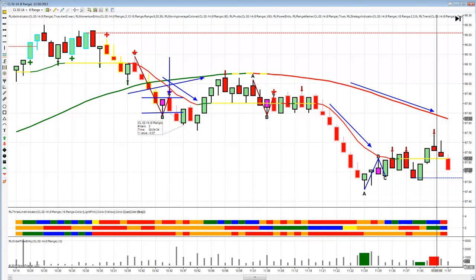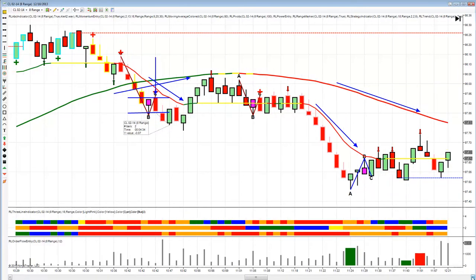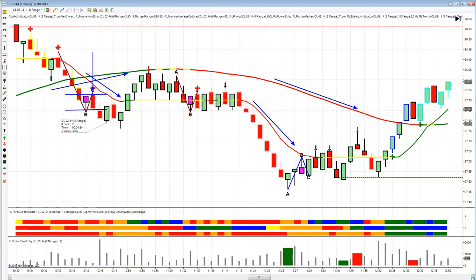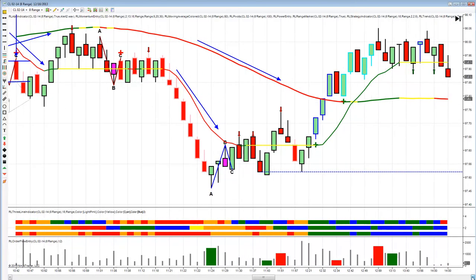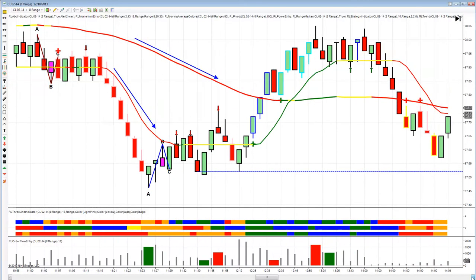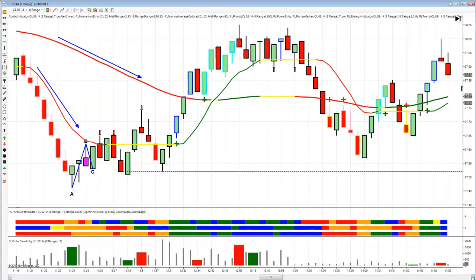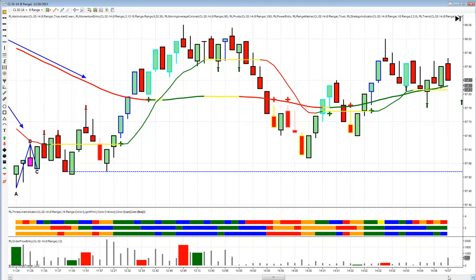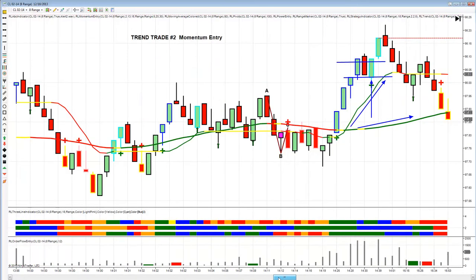Now let's take a look at our third trend trade. And our third trend trade is our strategy entry. Let's find a nice strategy entry for us.